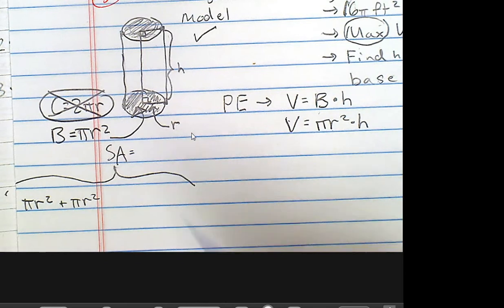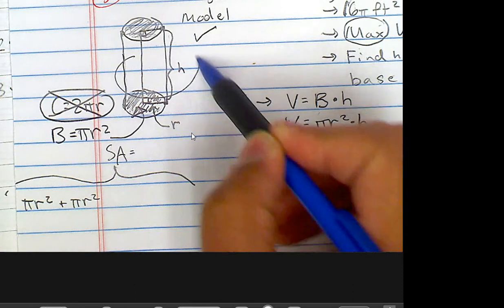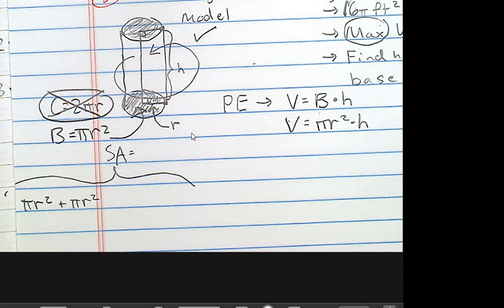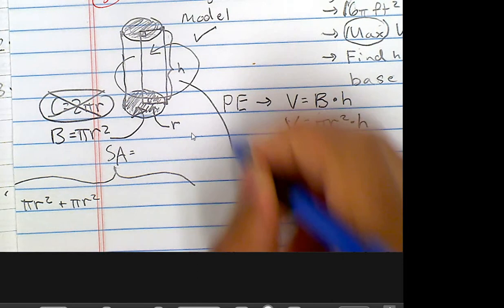Now how would I find the area of this all the way around? The circumference times the height. Yes, it would be the circumference times the height. Good job. Have you ever done one of those things that you pop open and make biscuits with, and you roll the side out? That's what we're trying to do. We're trying to roll this side out.